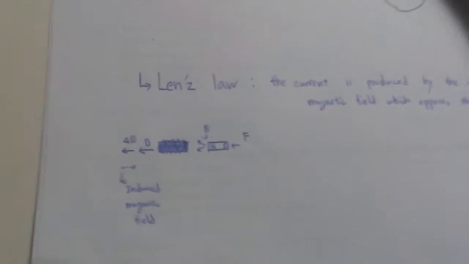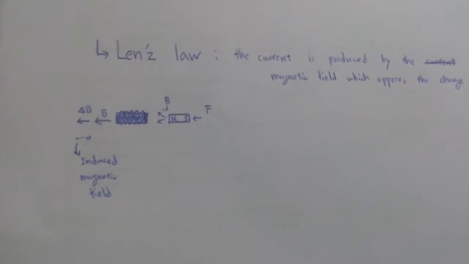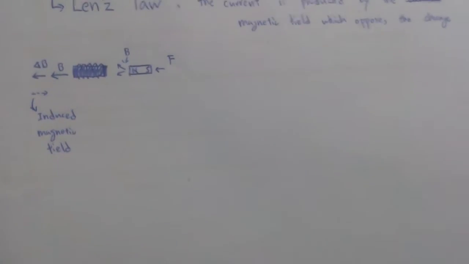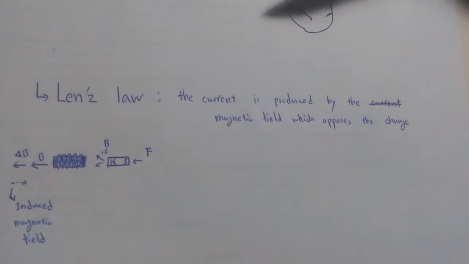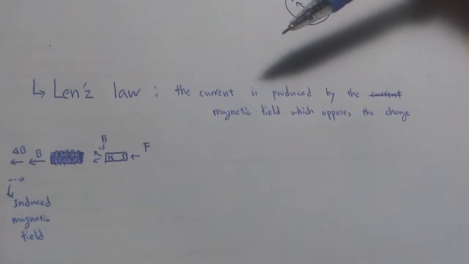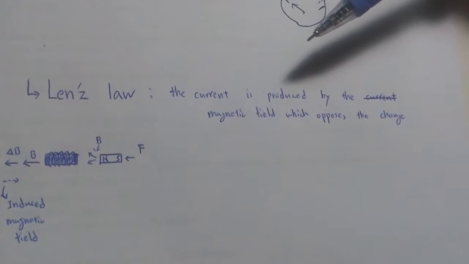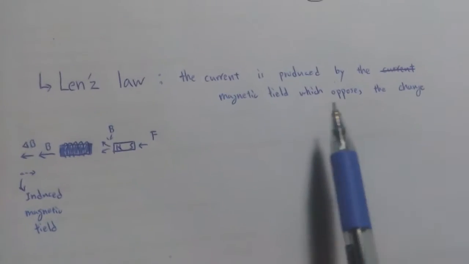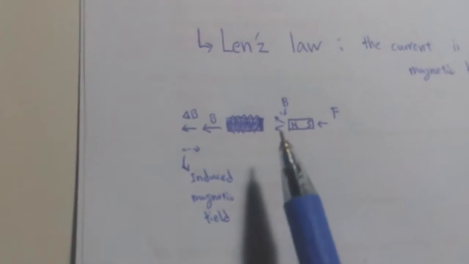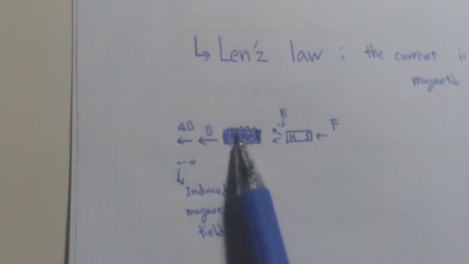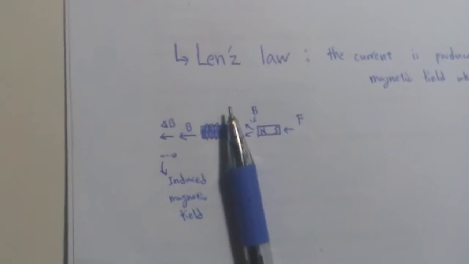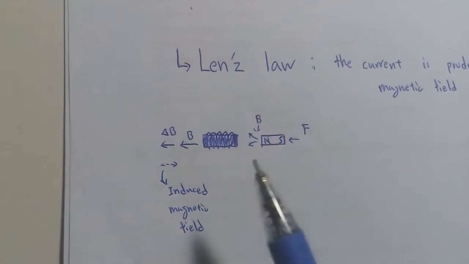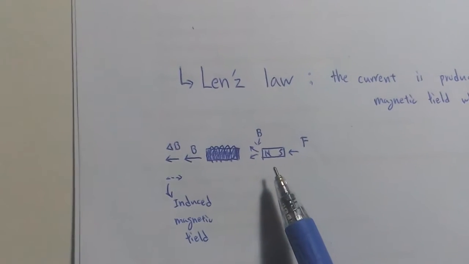Okay, so we move to Lenz's law, which is another concept by Lenz. It says that the current is produced by the magnetic field which opposes the change. To explain this statement, which is a bit complicated, we have a solenoid and an iron bar in the middle, and then we have the magnet here.